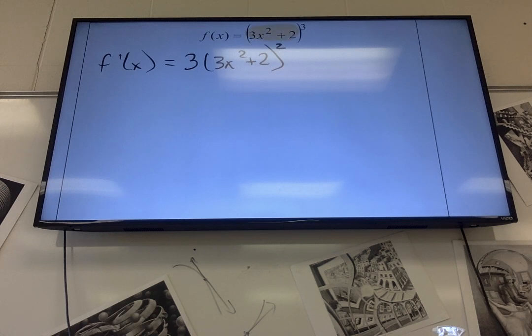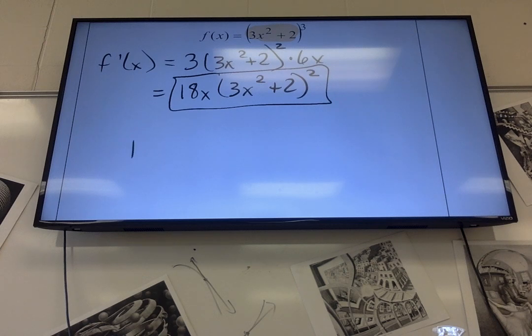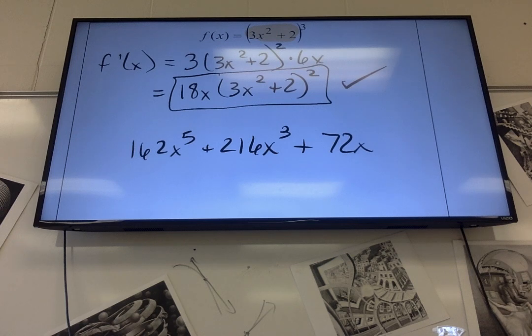Then you take the derivative of what's on the inside, and that is 6x, and those are multiplied. You don't have to, but normally you'd multiply those two together and make that 18x. If you multiplied it out, that's what you should have gotten. But there's nothing wrong with leaving it like that. Less chances of making mistakes.